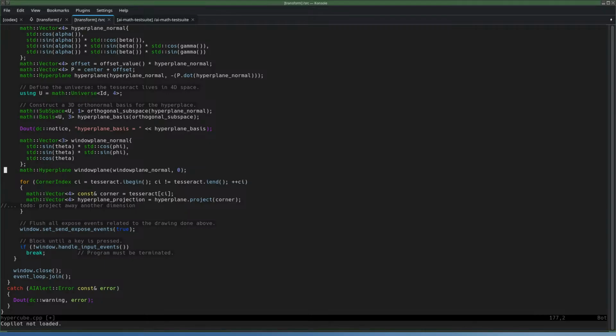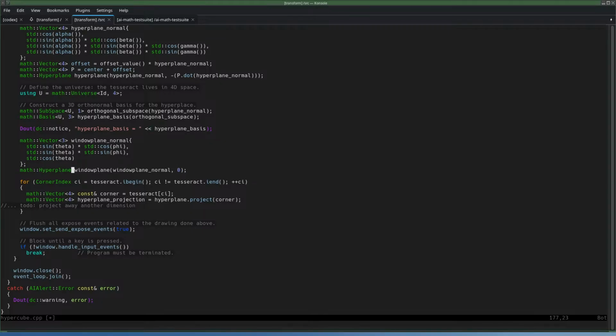This is a template hyperplane, but you can just leave that out.